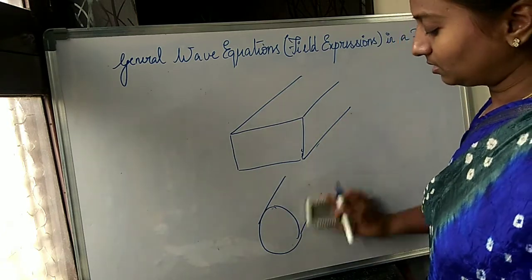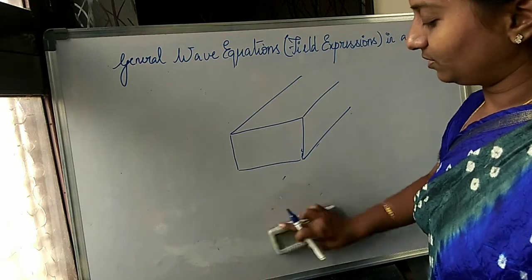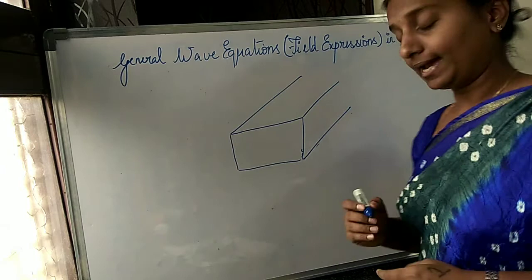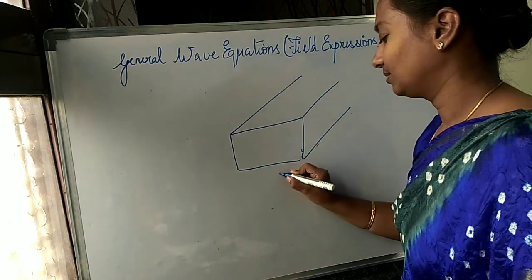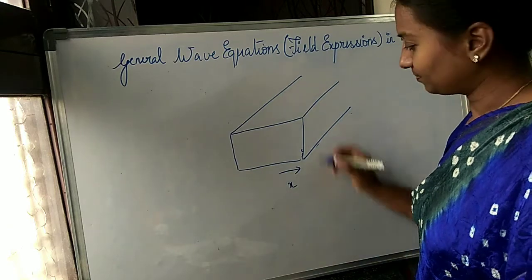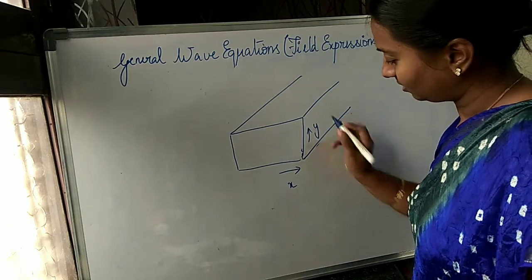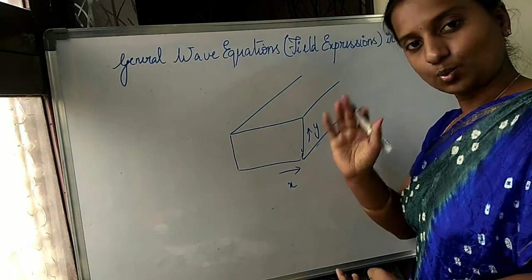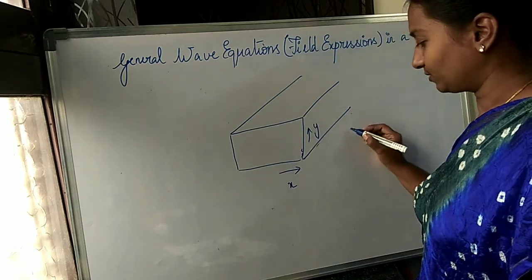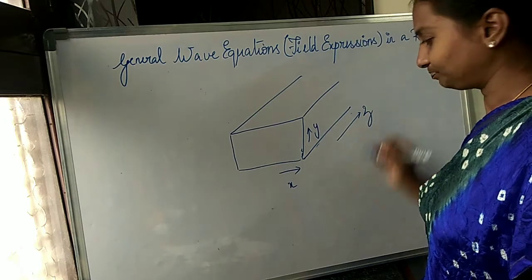So we'll see a rectangular waveguide today. In a rectangular waveguide, I have three dimensions: x, which is the cross section's length; y, which is the cross section's width; and the direction of propagation of the wave, which is z.